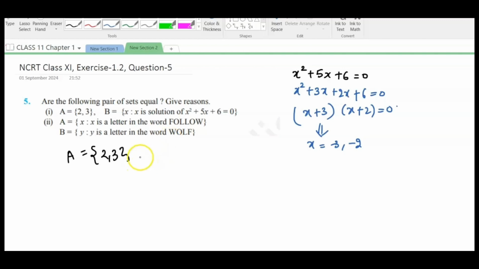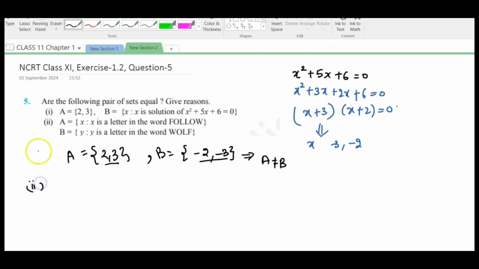So the set B would be {minus 2, minus 3}. Okay, so obviously {2, 3} and {minus 2, minus 3} do not have the same elements, so it means that A is not equal to B.